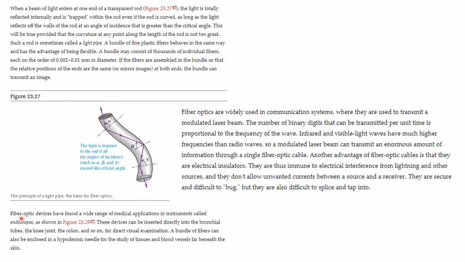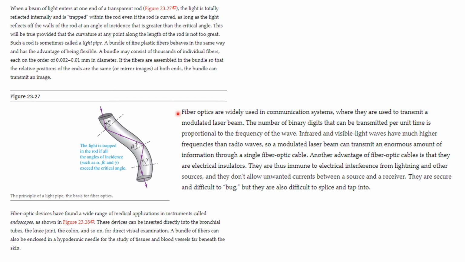Fiber optic devices like this have found a wide range of medical applications in instruments called endoscopes. These devices can be inserted directly into the bronchial tubes or other places, knee joints, colons, and so on, for direct visual examination. A bundle of fibers can be enclosed in a hypodermic needle for study of tissues and blood vessels far below the skin. Very small things, but they have this property.